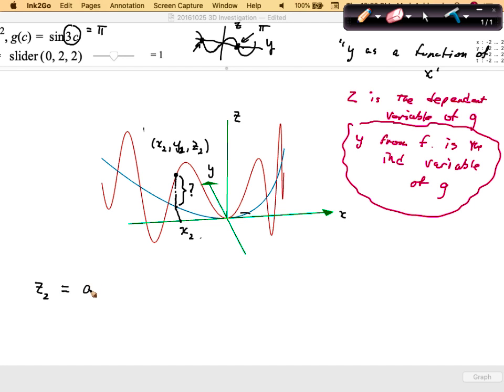G of f of x2. G of y2. G of x2 squared. Sine of 3y2.